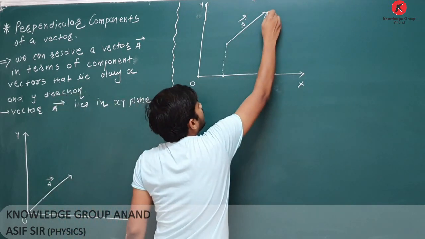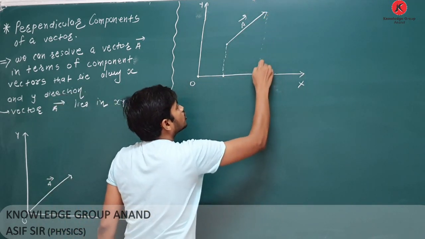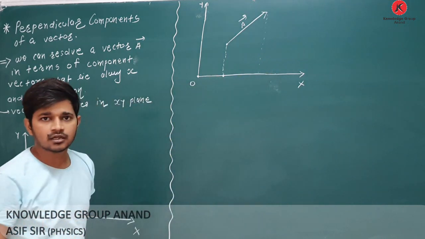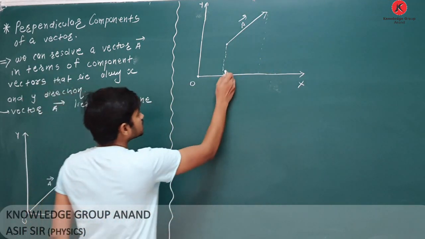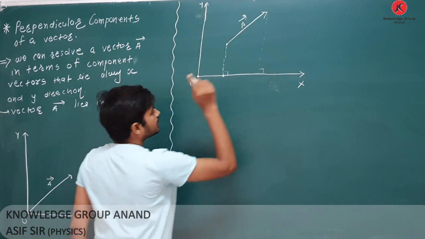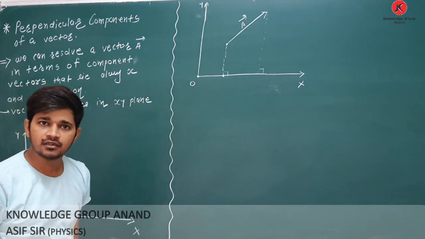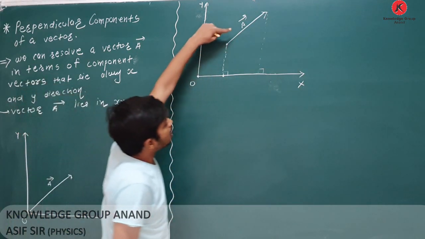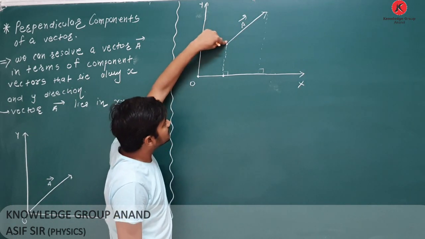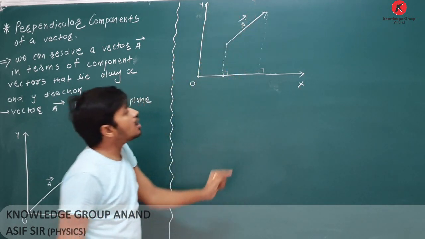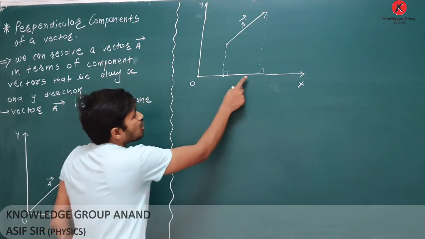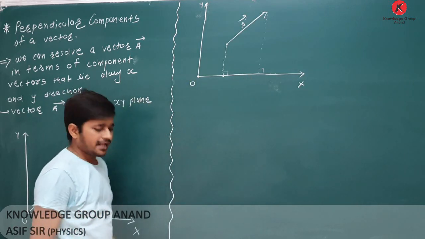Similarly, from head of vector A, draw perpendicular on x-axis. Perpendicular means it makes angle 90. So from tail and head, draw perpendiculars on x-axis.